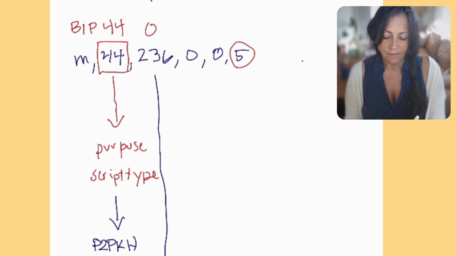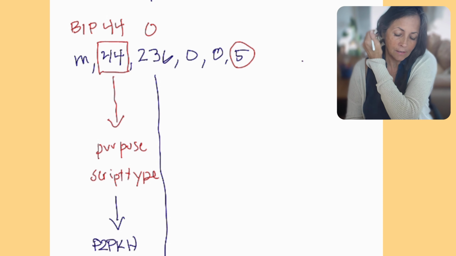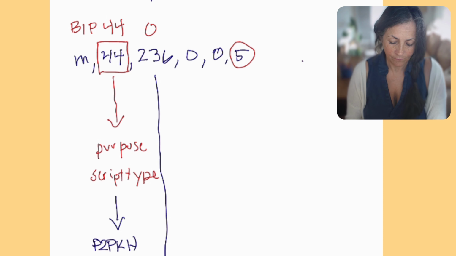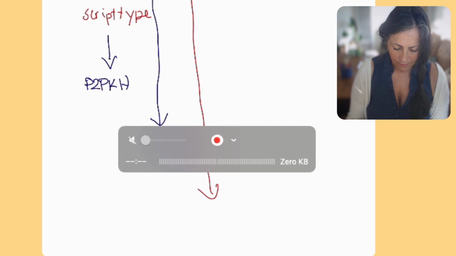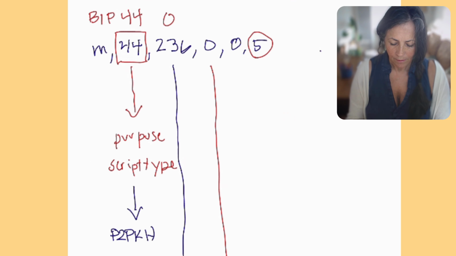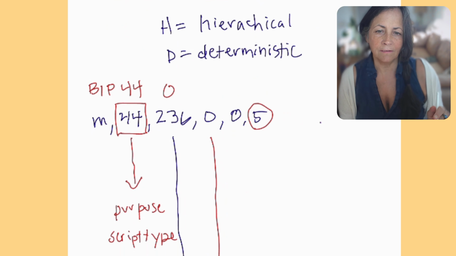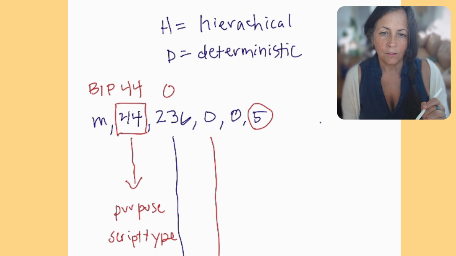And I'll come back to the script type with respect to that in a second. So the next is the account. All right, so let's go down here and say account. And what this means is that you can have a bunch of pools of addresses.